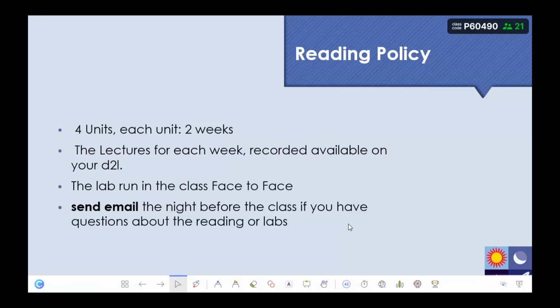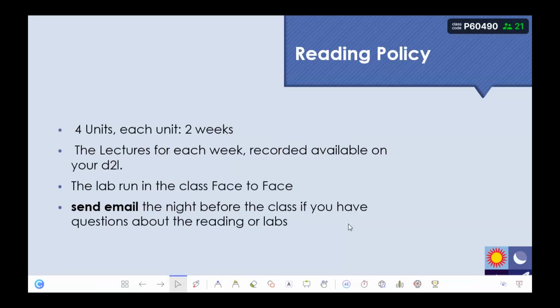As I said, there is no lecture in the class. It is your job to read the textbook and watch the recorded lecture. There will be 4 units, and each unit has 2 weeks. And we run the lab face to face. Last year I received a couple of emails from a student saying, okay, this is a hybrid class, can I run my lab online?